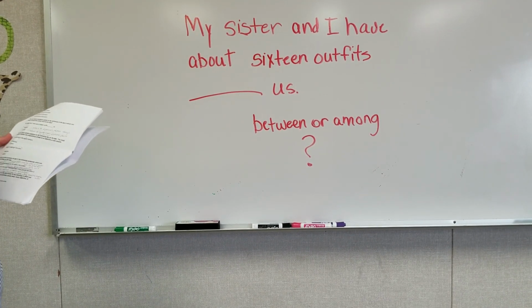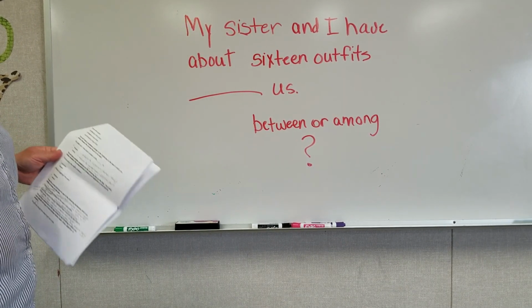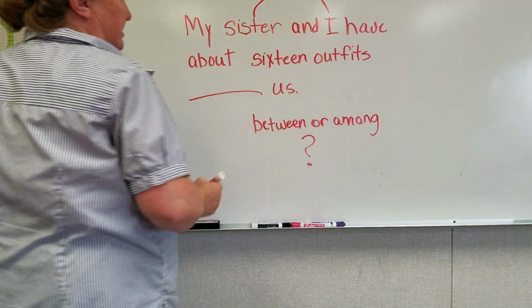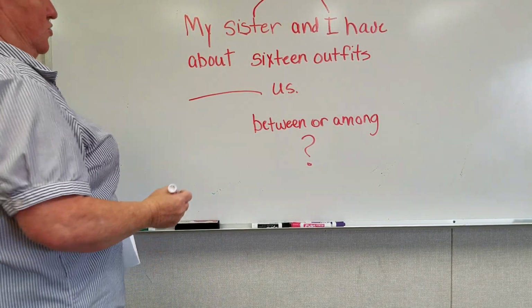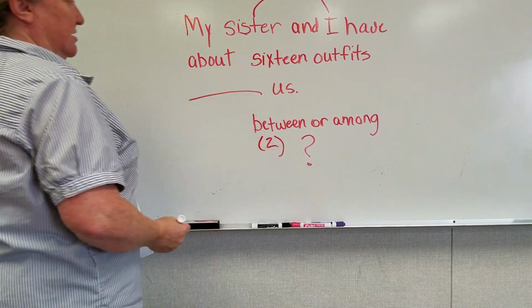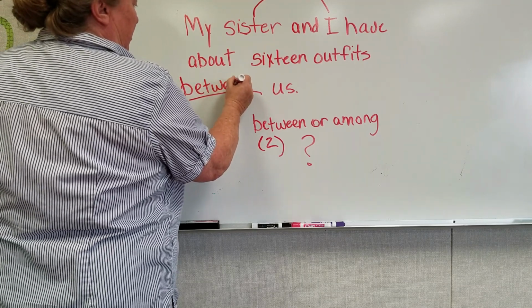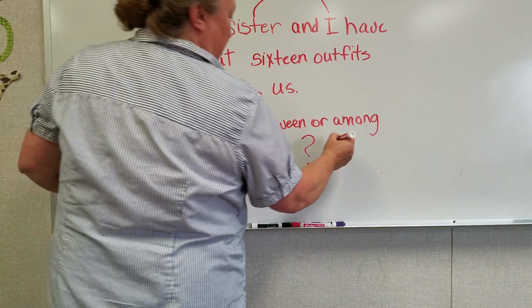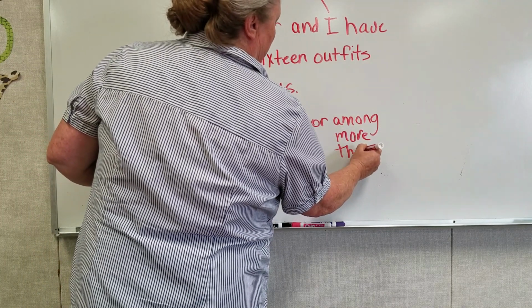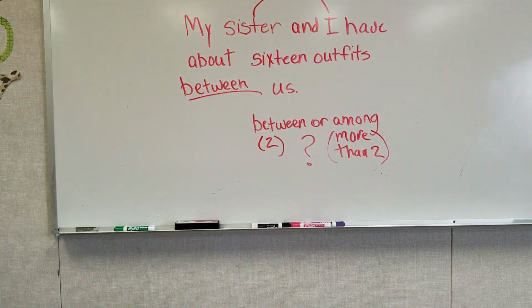Among refers to more than two persons, places, or things. How many people are we referring to in this sentence? We're referring to sister and I. So when it's referring to two people or things, we use the word between, because the word among means more than two are being compared.